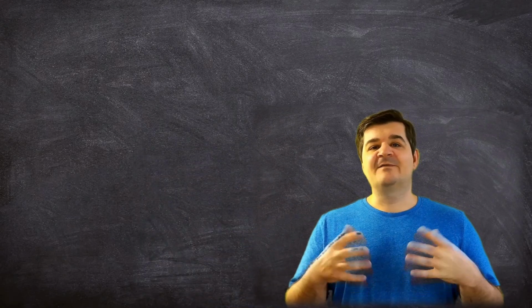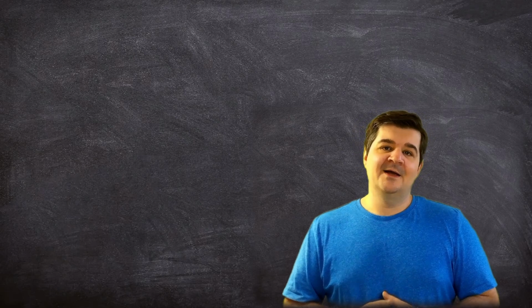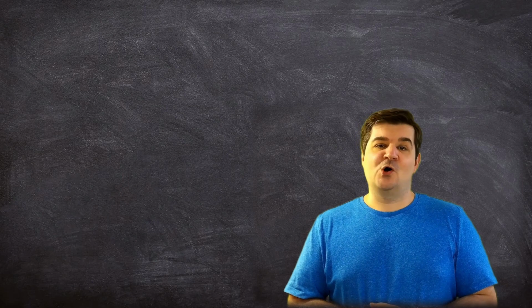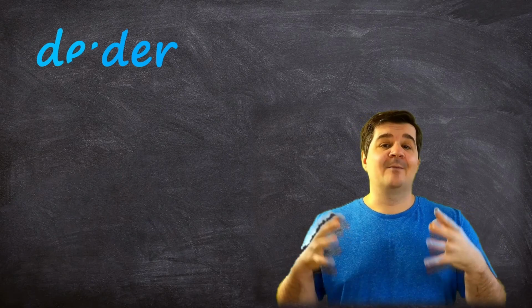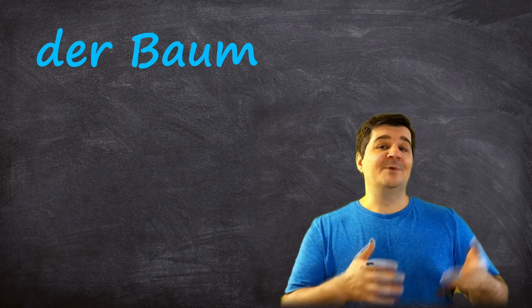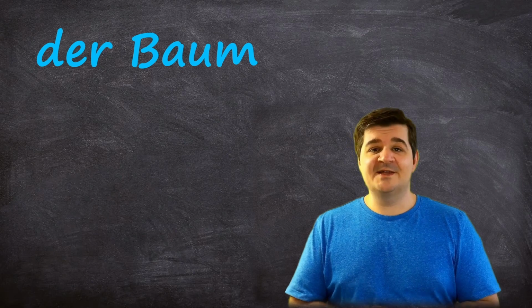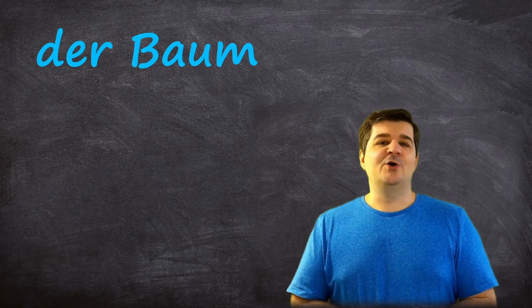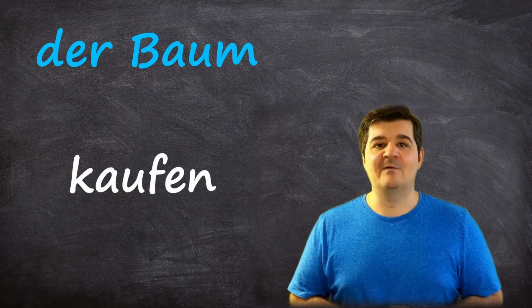First, I will deal with the word Baum. I will use the word tree, Baum. And as you already know, the male gender always has the article der. So our original term is der Baum. But how will we use it? We simply can buy this Baum, this tree, and the word for buy, maybe you already know this one, is kaufen.